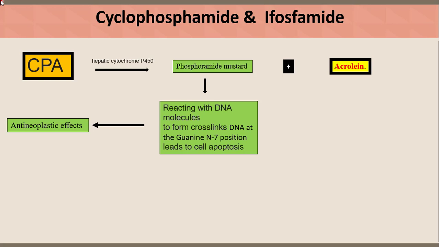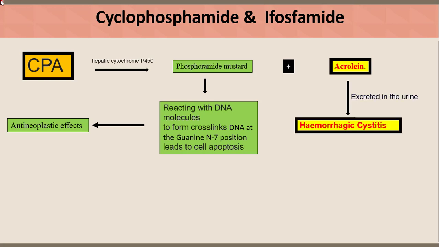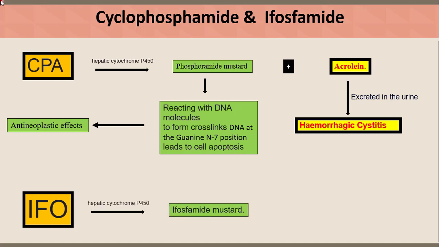Acrolein is excreted in the urine and causes hemorrhagic cystitis. Ifosfamide is converted by hepatic cytochrome P450 to its active metabolite, called ifosfamide mustard, plus acrolein, which is excreted in the urine and causes hemorrhagic cystitis.